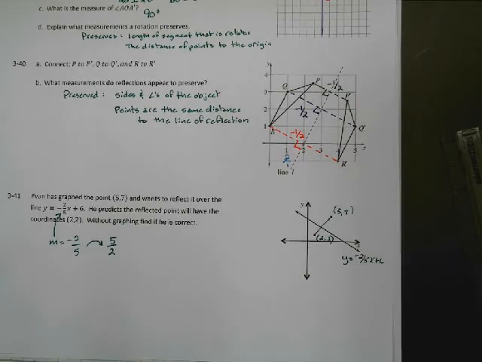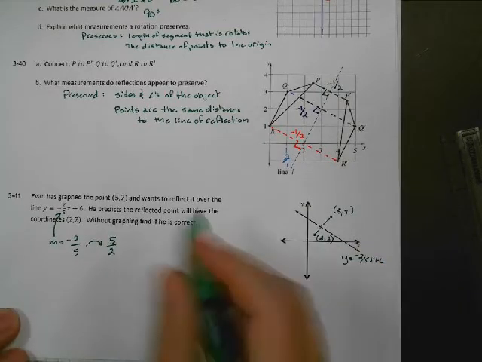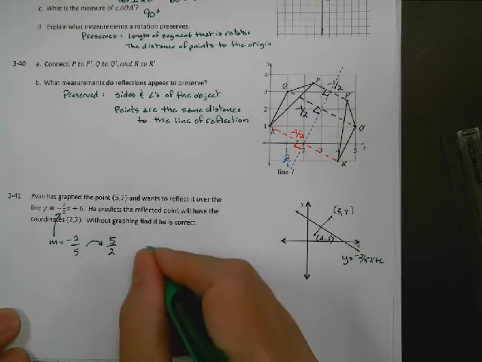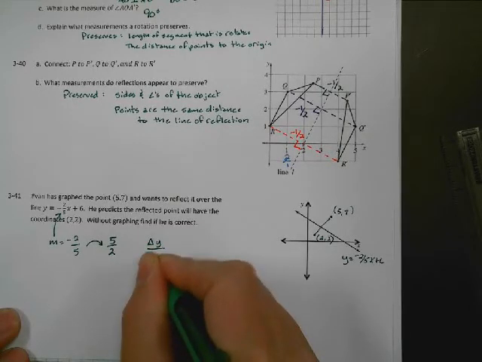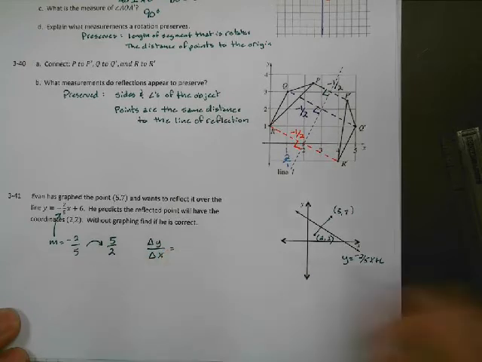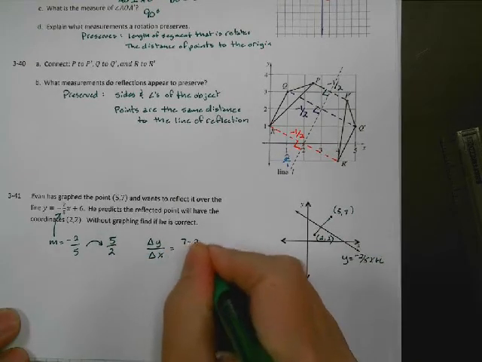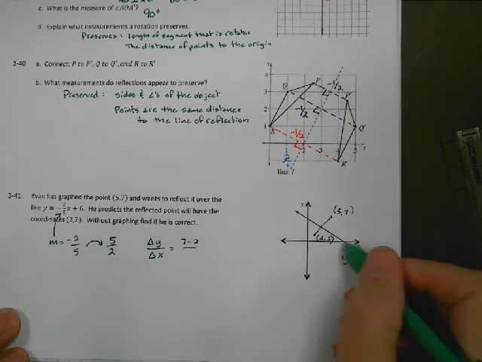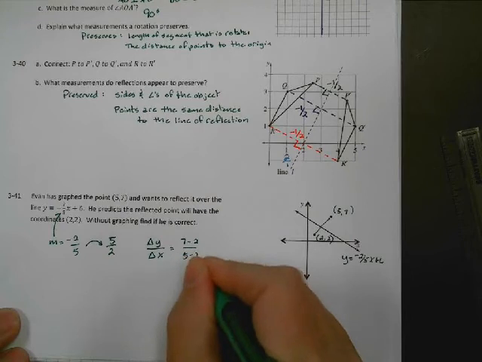So let's use these 2 points and see if we get a slope of 5 over 2. So I'm going to do the change in y over the change in x. My y values are 7 and 2, so I'm going to do 7 minus 2. My x values are 5 and 2, 5 minus 2.